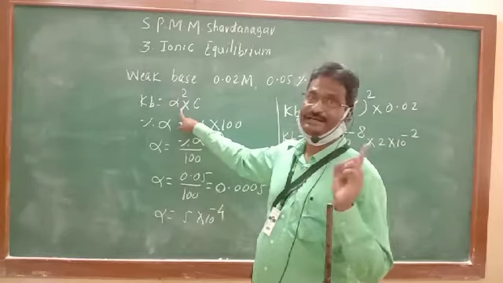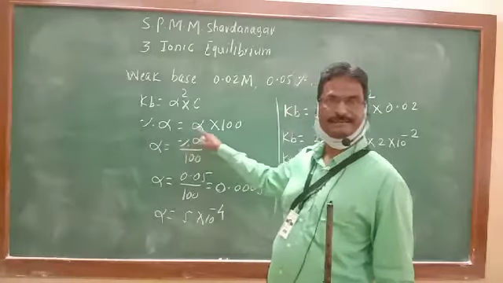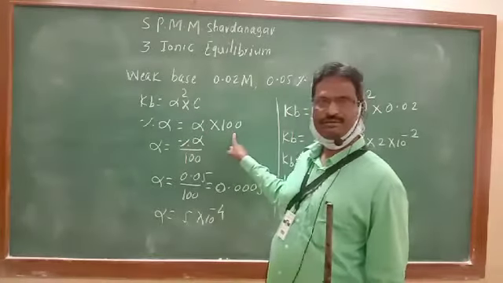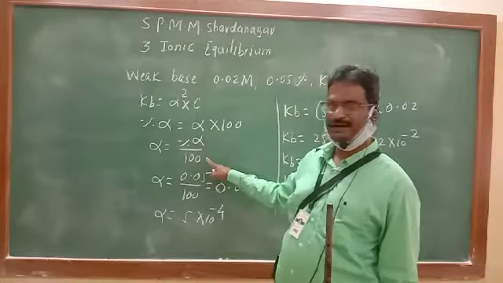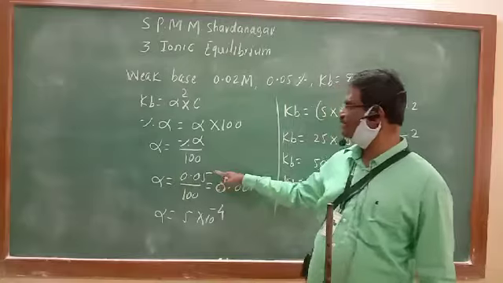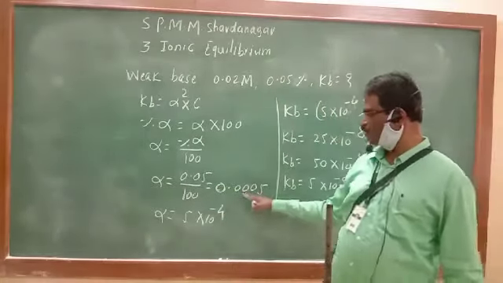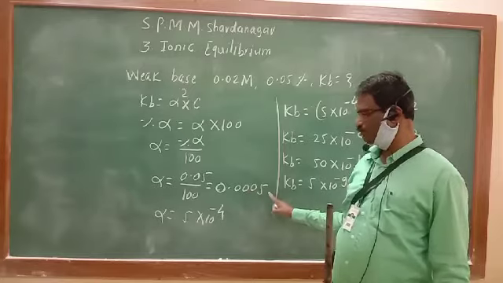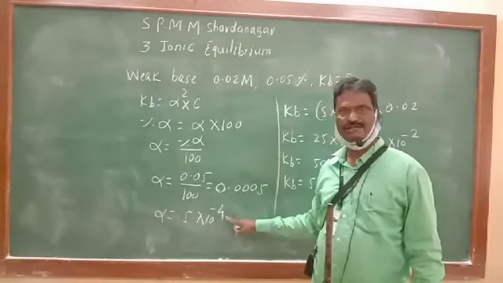It is not a percent degree. We know percent degree of dissociation is alpha into 100, therefore alpha is equal to percent alpha divided by 100. So alpha is equal to 0.05 divided by 100, that is 0.0005. This is also written as 5 into 10 raised to minus 4.